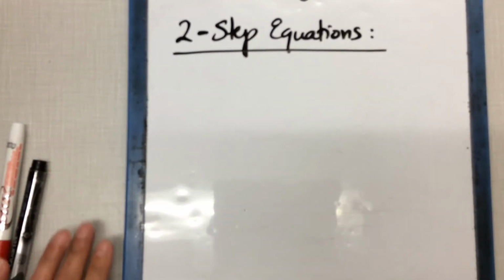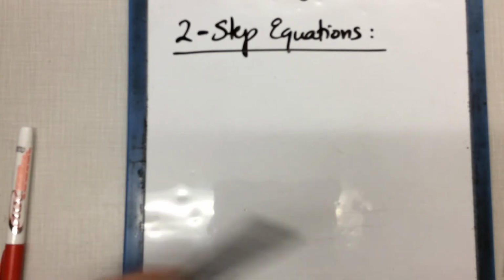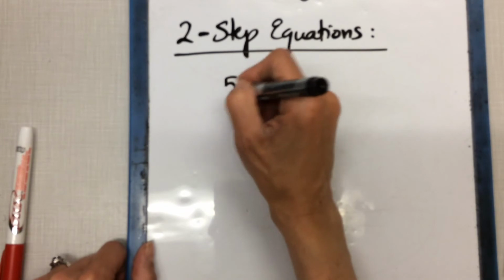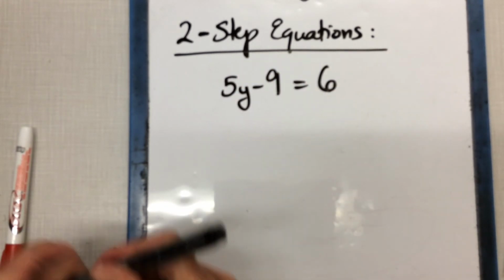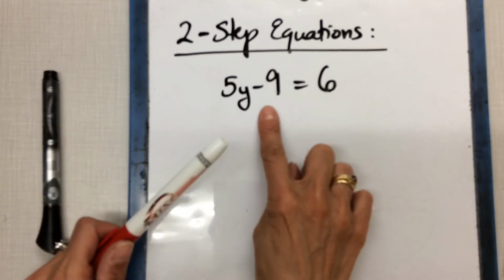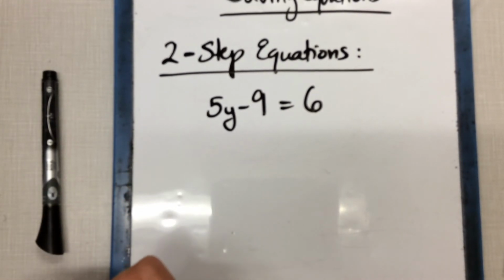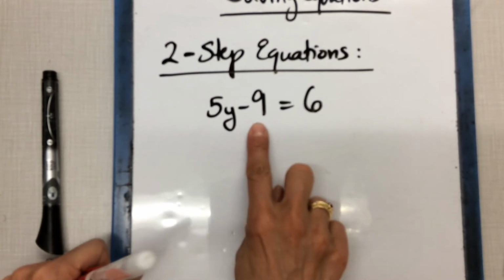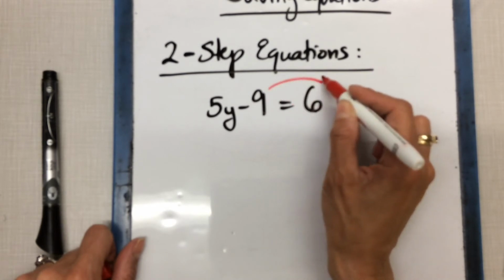Let's do one more to make sure that we understand how to do this. 5y minus 9 equals 6. Sometimes I say to my students, the opposite operation here and the opposite order of BEDMAS is to do the addition. Or what I will say to them is, take it overboard.